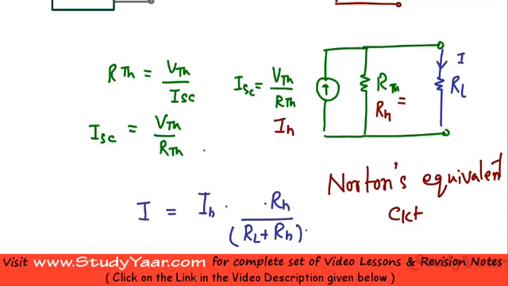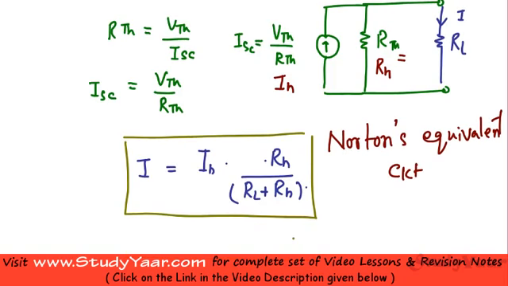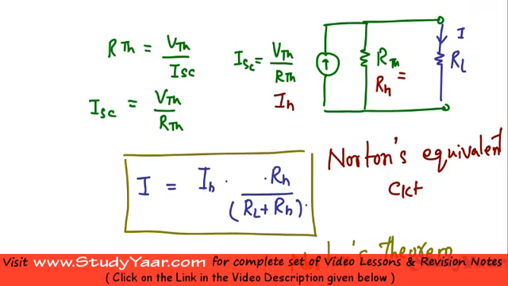This statement, if you say it in words, is known as your Norton's theorem. It tells you how to find the current through a load resistor by converting the circuit into an equivalent Norton's current with a Norton's resistance in parallel.